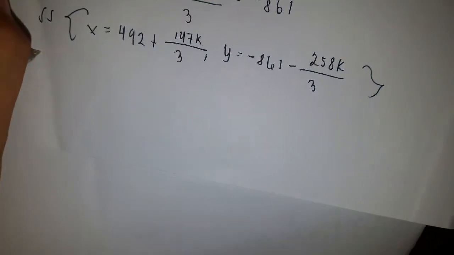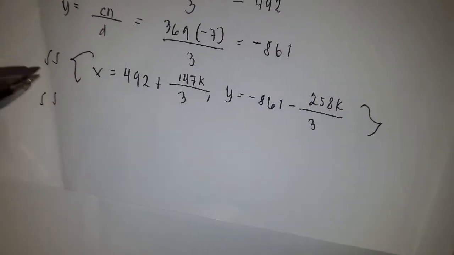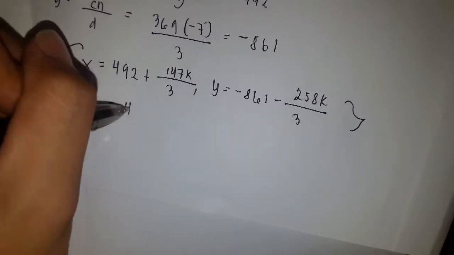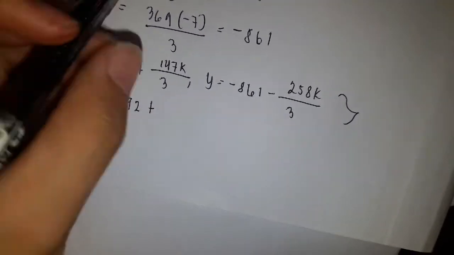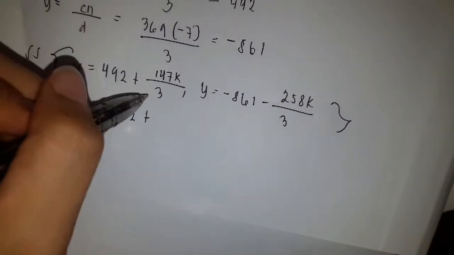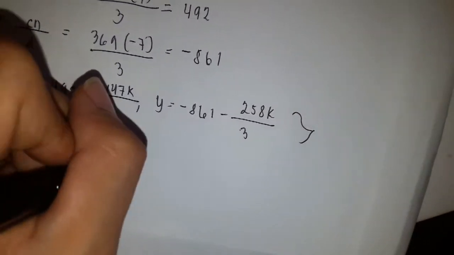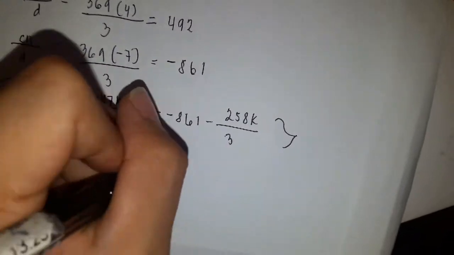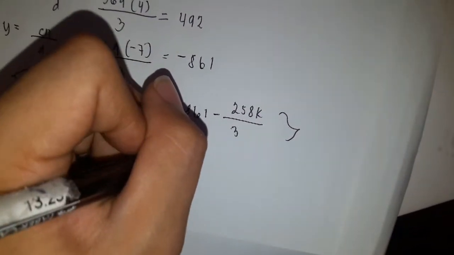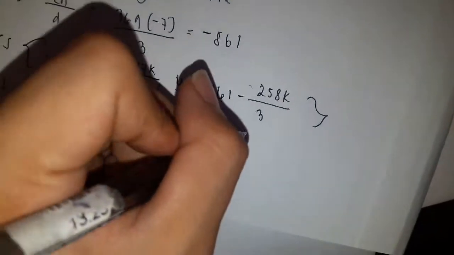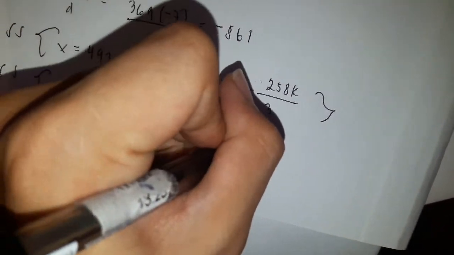So x equals 492 plus 49k, and our y equals -861 minus 86k.